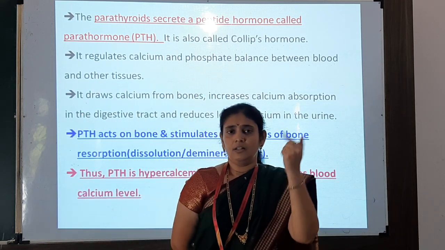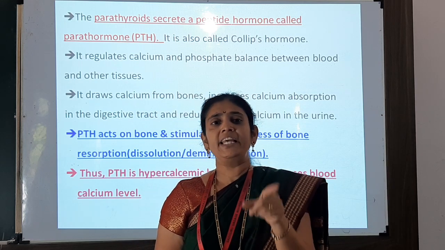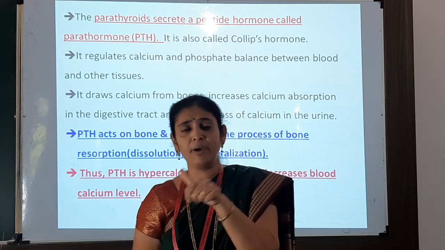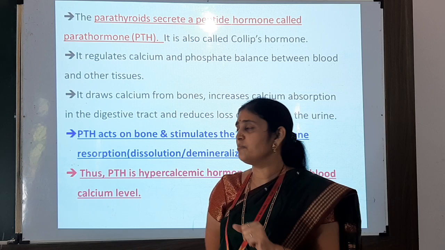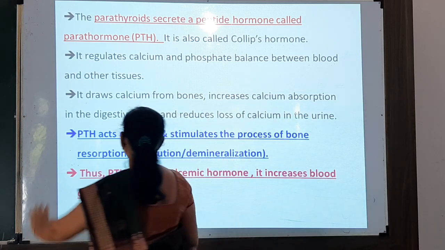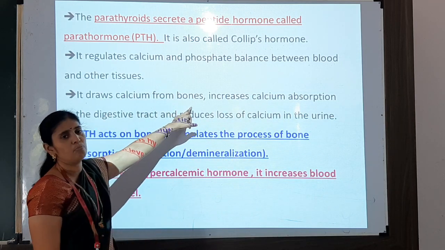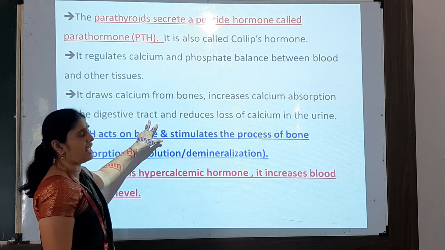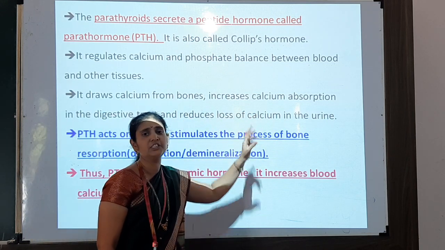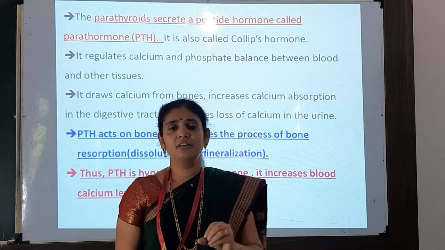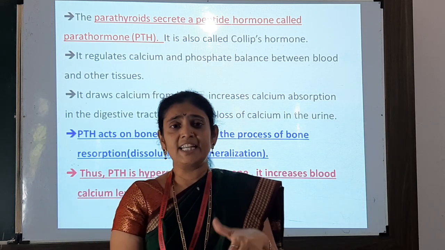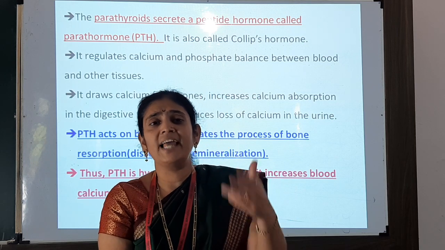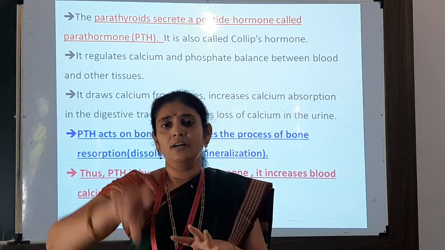So thyrocalcitonin is regulating the calcium level, and this parathormone is also regulating the calcium level. What happens, you see here, it draws calcium from bones and increases calcium absorption in the digestive tract and reduces the loss of calcium in the urine. Means this hormone is responsible for increasing calcium level in the blood.